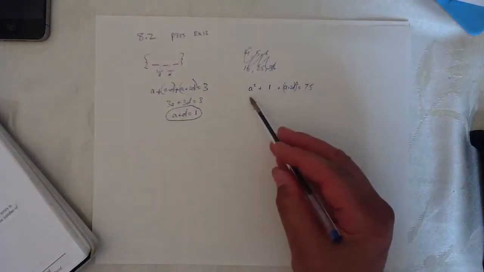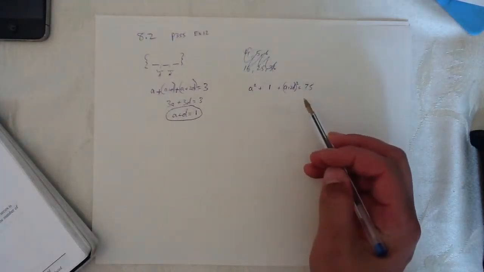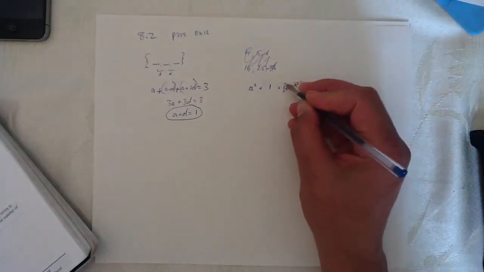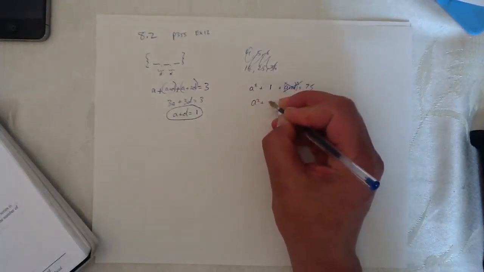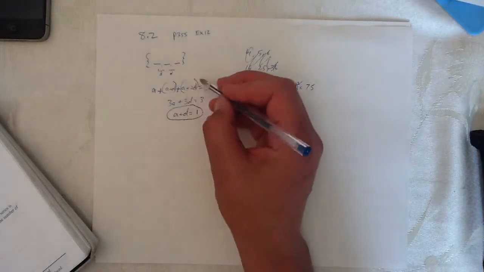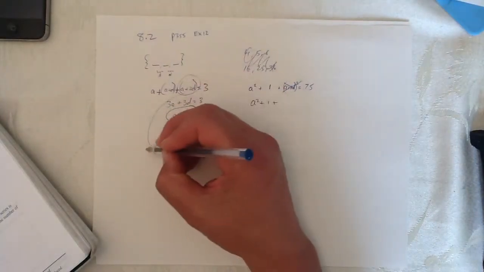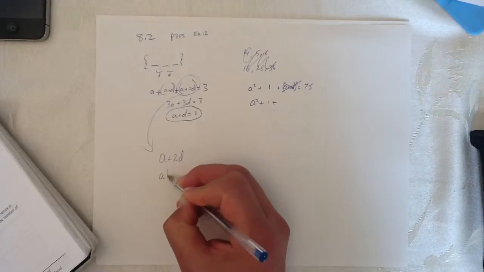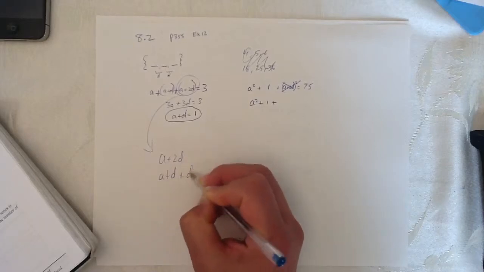So now we end up with a formula that looks like this. Actually, we're not going to put that in there. I go a squared plus 1 plus, rather than a plus 2d, which is complicated, let's recognize that a plus 2d is a plus d plus d.